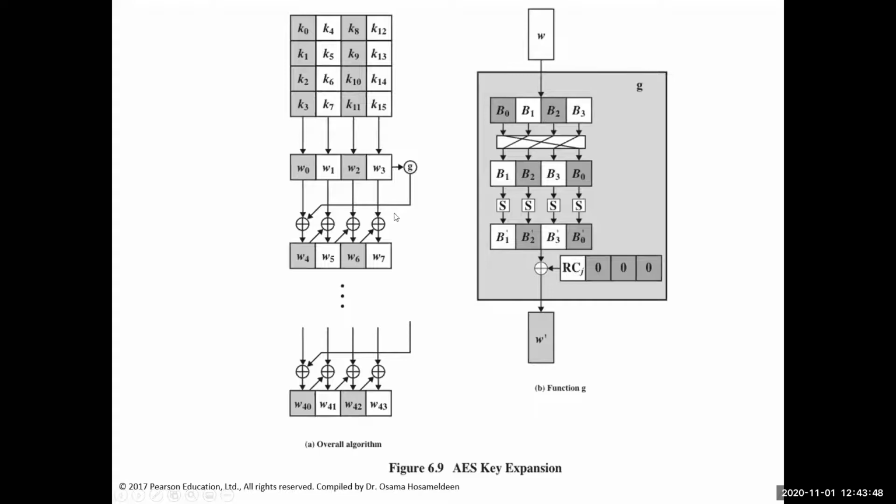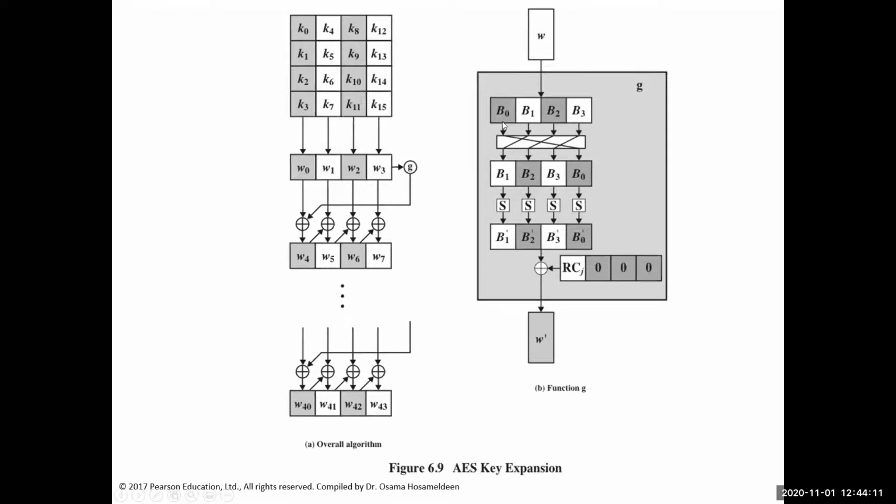What about the function G? The function G is expanded here. This is the function G. We have a word here, and one word is 4 bytes, and these 4 bytes are rotated or shifted.